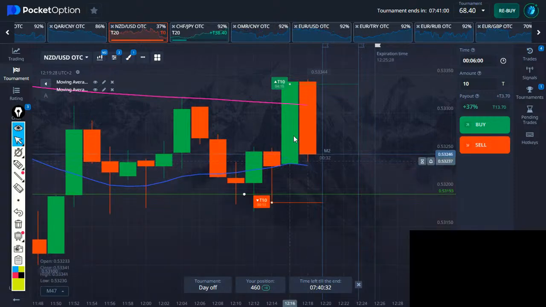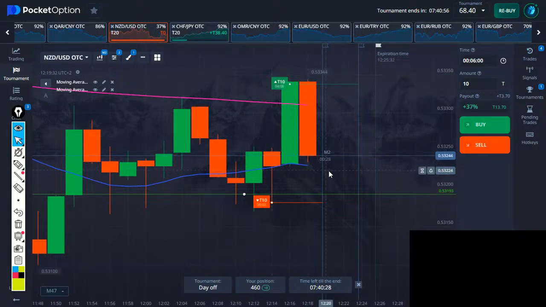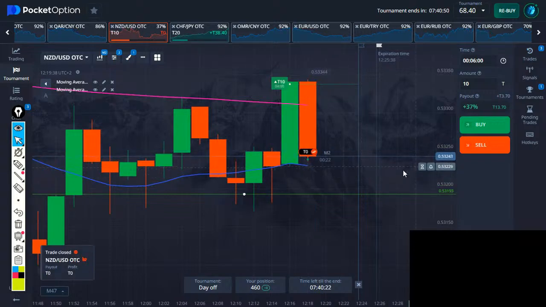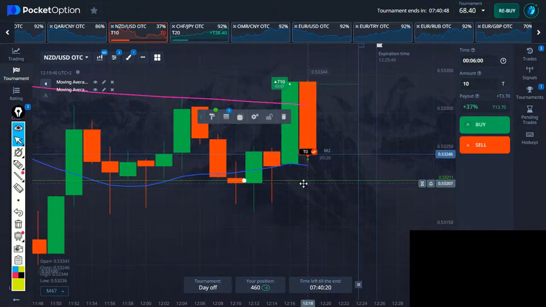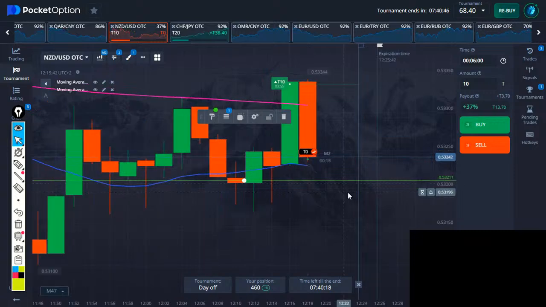It's gonna annihilate that buyer over here. Can easily move level here. Fantastic. Come on.